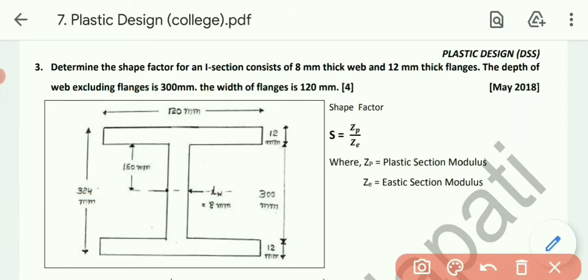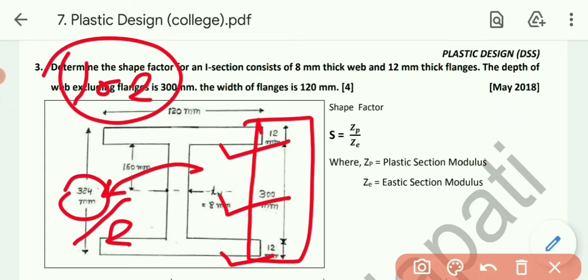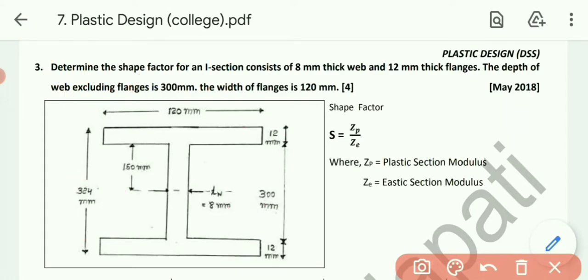How do we get 324? Summation of all these three dimensions, 12 plus 300 plus 12, so ultimately it will give us 324, and CG will be the center of this one, so 324 by 2, so we will get CG 162. We will use this data in the calculation then.